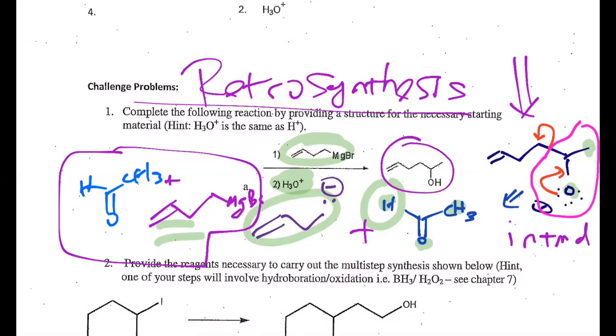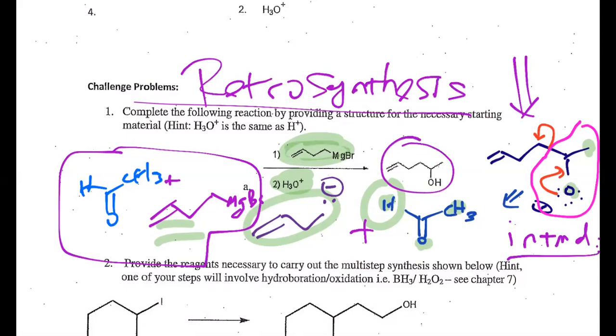Is this not the same intermediate that we've seen in all of our examples, where oxygen is negative? So now we're at the intermediate. Now we have two more steps to put the pi bond back in and to break off one of the carbon-carbon bonds. But the fact that you already know which one to break, because you got the Grignard right here, tells you how to push your arrows from the intermediate to your two precursors.